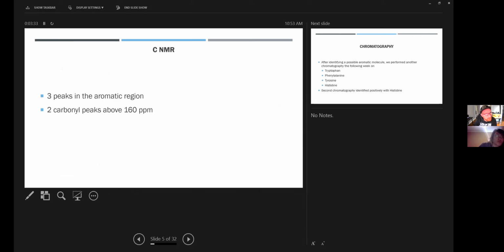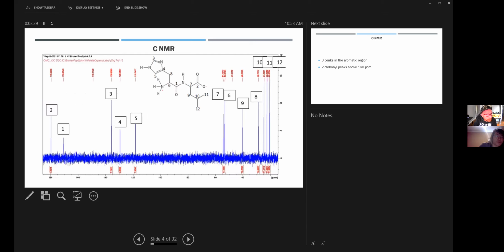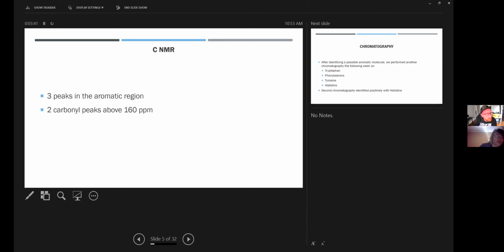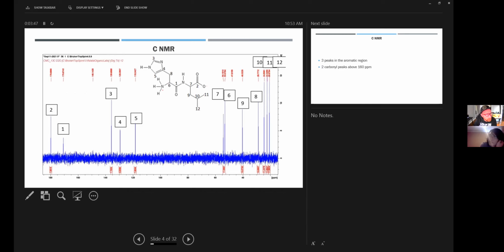As in the previous slides, we have the 3 peaks in the aromatic region. Those are identified by carbons 3, 4, and 5. And then we also have the 2 carbonyl peaks above 160 ppm, identified by carbons 1 and 2. This was obviously made further down the line, but this is the actual full picture of our dipeptide together.